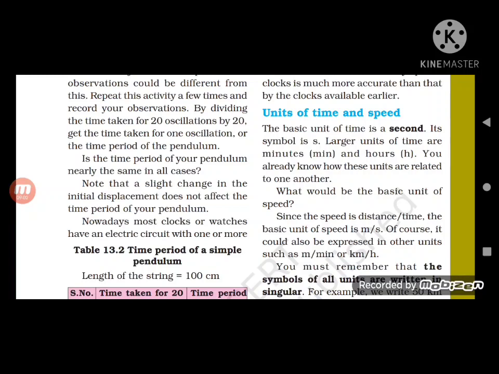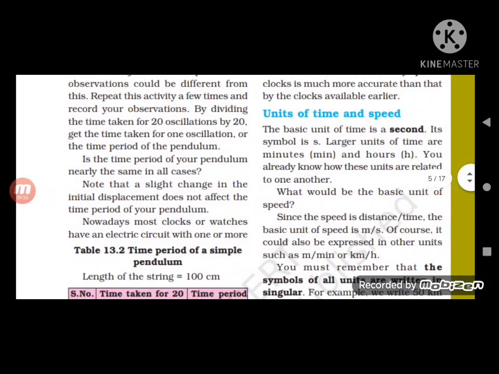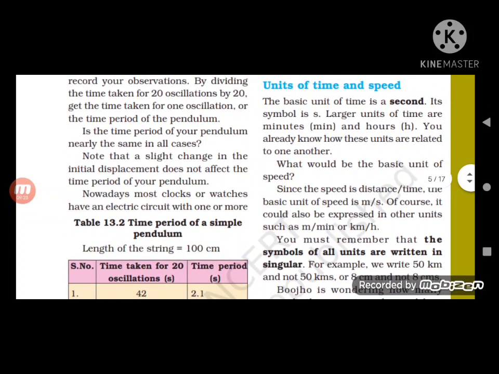By dividing the time taken for 20 oscillations by 20, you get the time taken for one oscillation, or the time period of the pendulum.